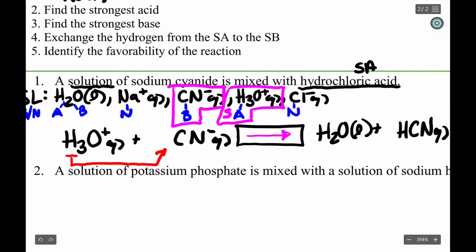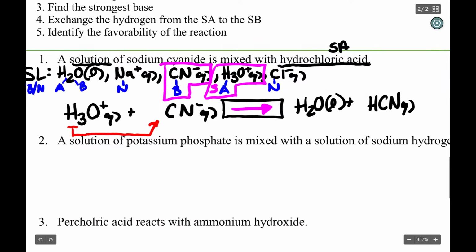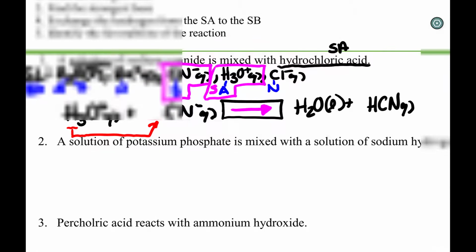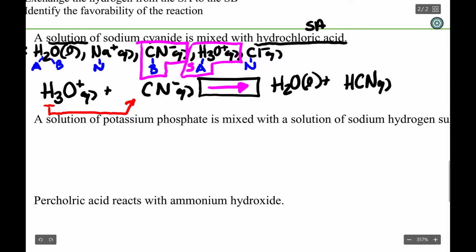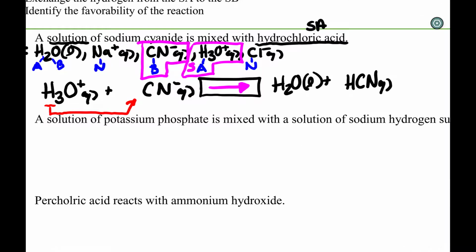Now, whether this is quantitative or not is not tested on the diploma, just the favorability. So does it favor the products or does it favor the reactants? What I'd like you to do now is pause the video and try to answer question number 2 by making a species list and following the set of rules.